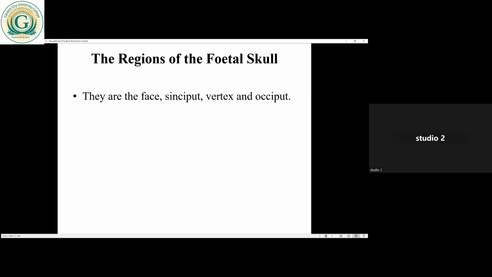But when we come to regions, we don't talk of the base again, but of the face and the vault. And the vault is divided into sinciput, vertex, and occiput.